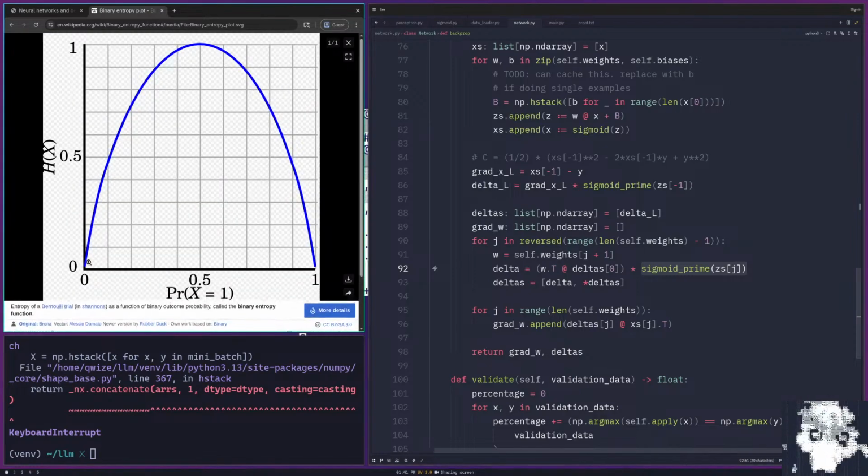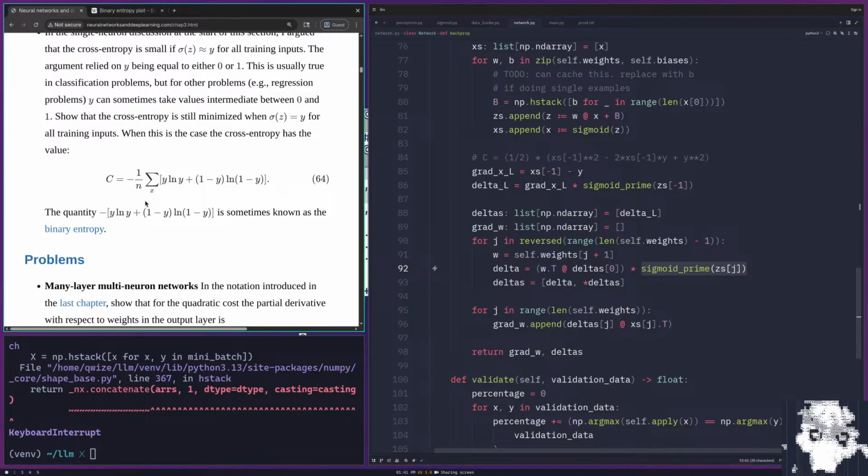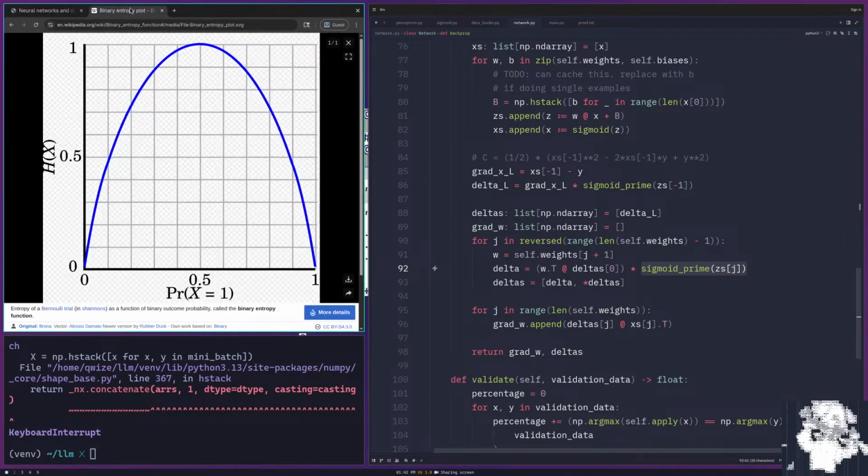So h of x goes between 0 and 1, and its peak is at 0.5, and it's 0 at 0 and 1. I don't know how that helps me.